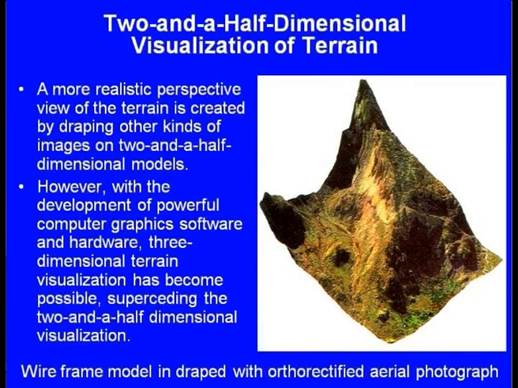However, with the development of powerful computer graphics software and hardware, 3-dimensional terrain visualization has become possible, superseding the 2.5 dimensional visualization. So, here in this particular figure, we find that over the wire diagram another information has been overlaid. This can be an aerial photograph or it could be satellite data.